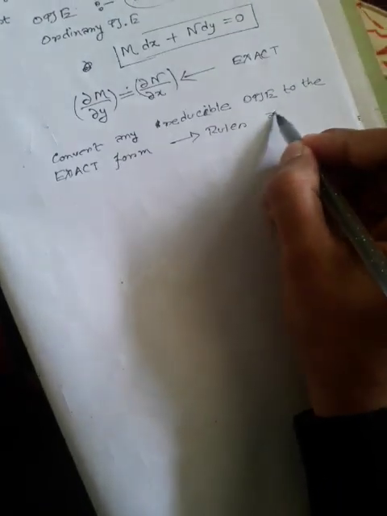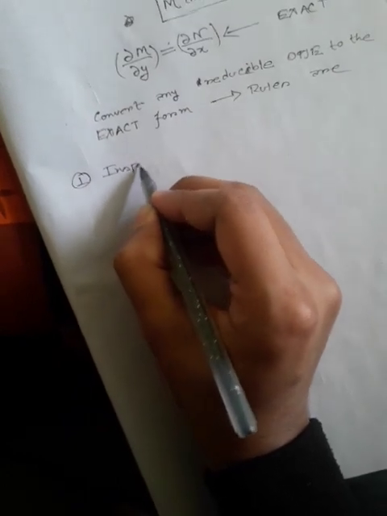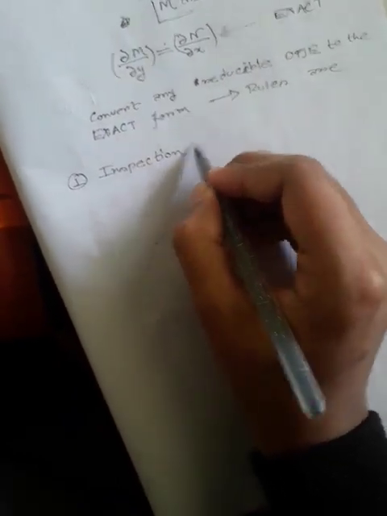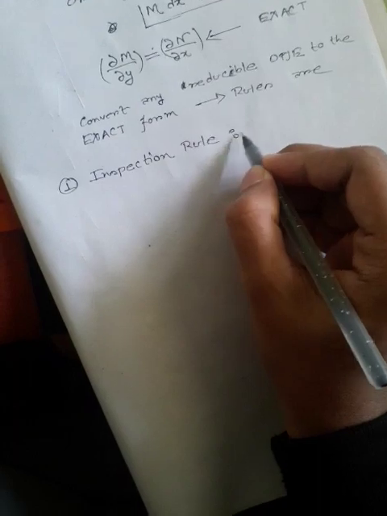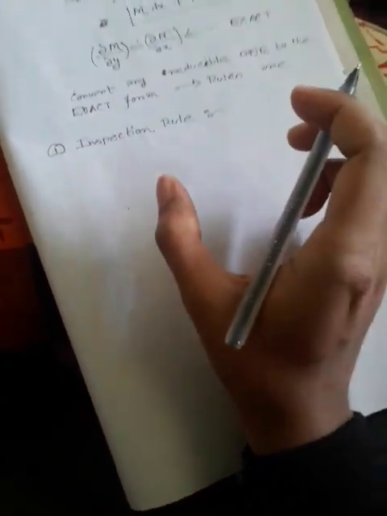So the rules are. Rule number 1 is the inspection rule. In this case we have to find some terms for which the given ODE does not become exact.